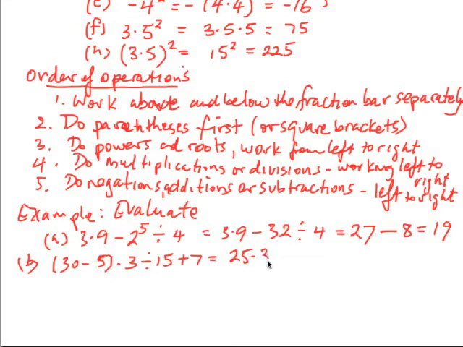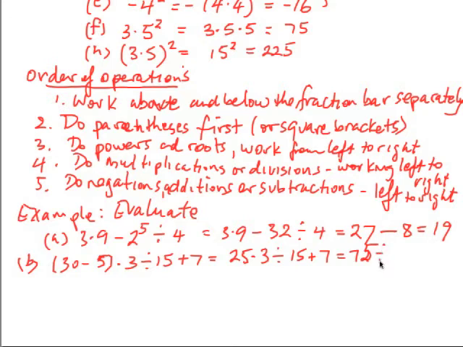We're multiplying that by 3, dividing it by 15, adding 7. Okay, so we don't have any more groupings, we don't have powers or roots, so we look at multiplications and divisions. Okay, working left to right, so here we have 25 times 3, which is 75.